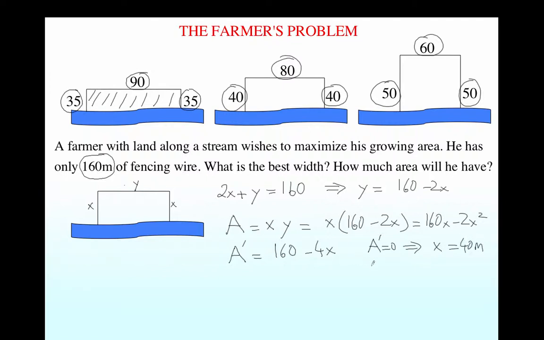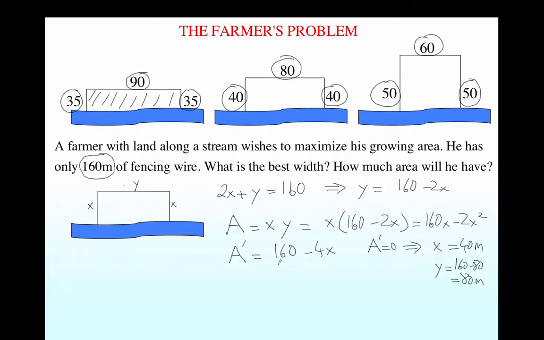How much land will he get from that? Obviously, if x is 40, that means that y will be 160 minus 2 times 40, which is 80 meters.